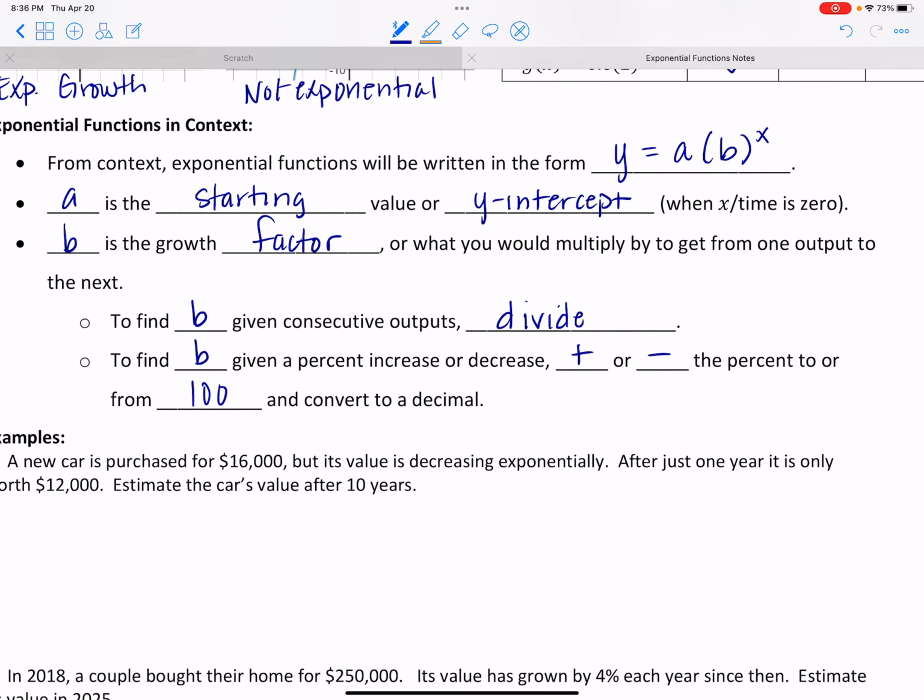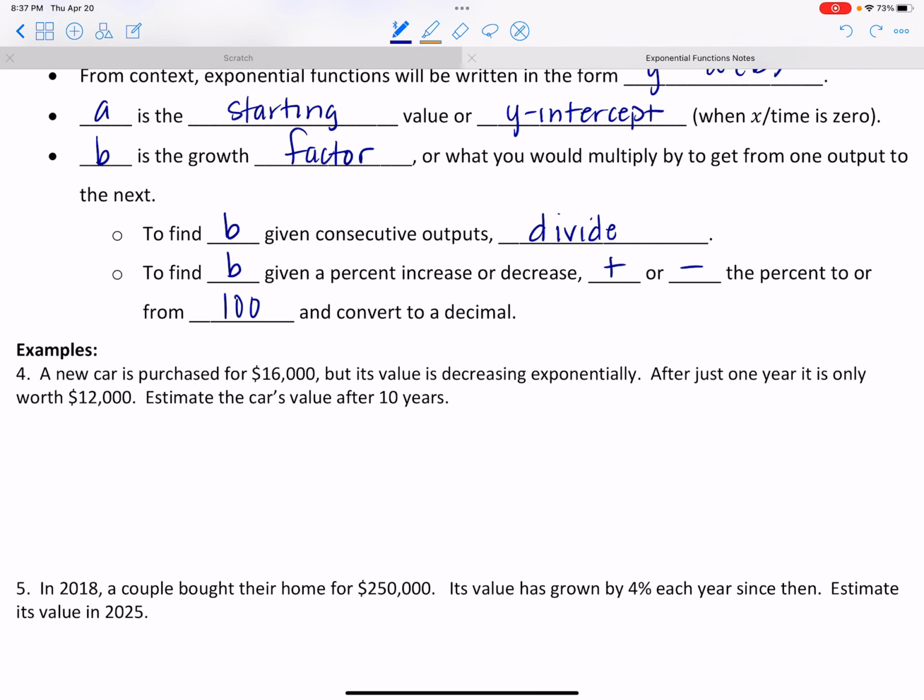The example I showed you was a 50% increase, but we ended up at 150% for b, so we had to take the 50% added to 100 and then make it a decimal. 150% gives us 1.5. And it should make sense to add it to 100, or add it to 1, if we're increasing so that we get a base bigger than 1, and then subtract it if we're decreasing so that we get a base smaller than 1. Okay, so let me try to show you with a few examples.